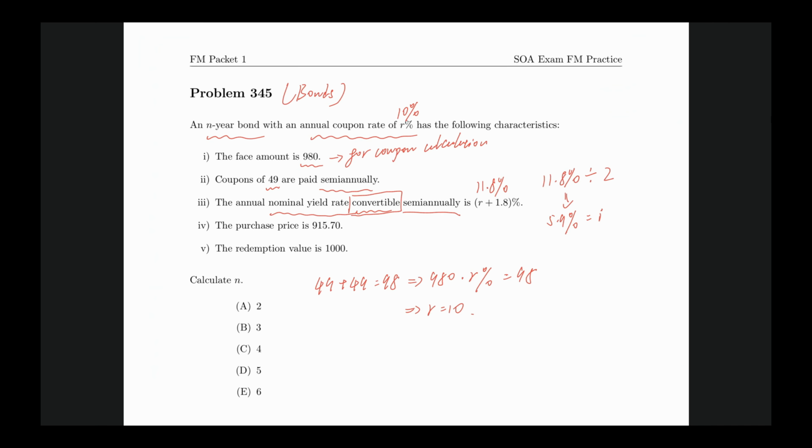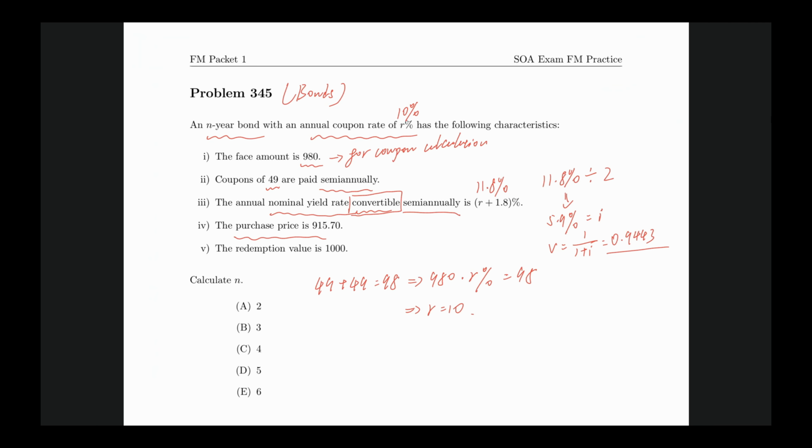Because of that, I can also find the discount factor for half a year, which is simply 1 over 1 plus i, and this equals 0.9443. That's the discount factor, which we can use to find the present value of all the cash flows. The fourth condition is the purchase price, which can also be considered as the PV of these cash flows, the coupons and the redemption value.